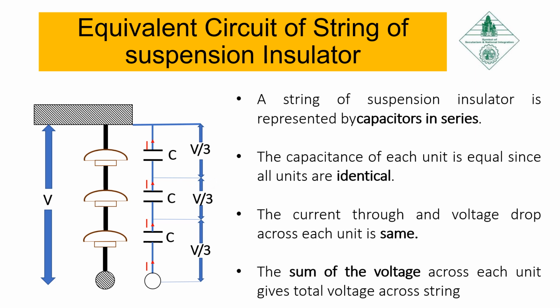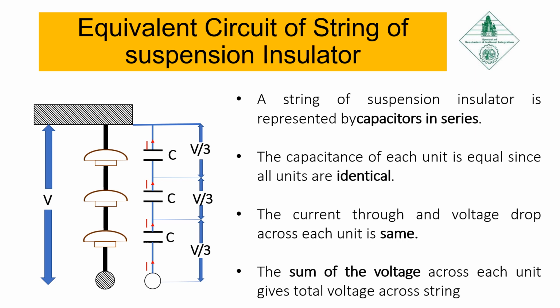The capacitance of each unit is equal because the insulating discs are identical in nature, that is, their size and shape or the dimensions are the same, hence the capacitance is equal.